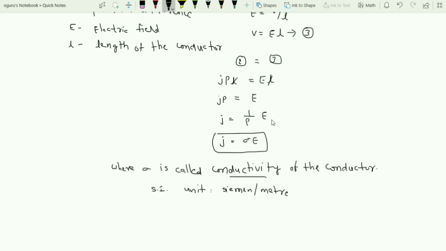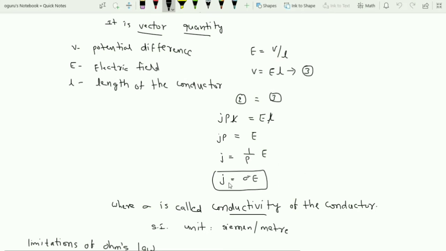The SI unit of conductivity is siemens per meter. In vector form, J bar is equal to sigma into E bar. So this is the alternative form of Ohm's law.